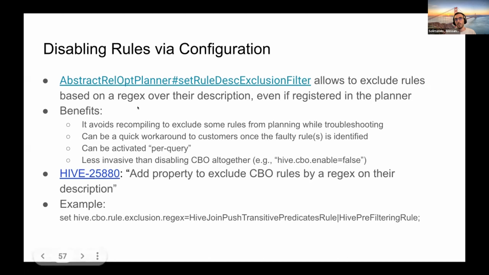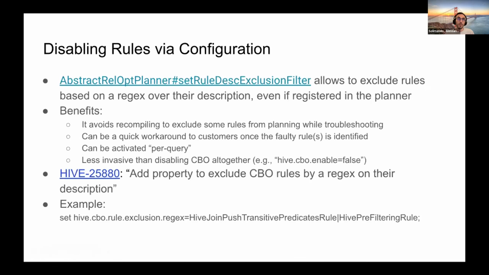So we advocate the benefits of having a configuration that is ingesting this kind of regular expression for the following reasons. Having a configuration that can prevent using some of the rules avoids recompiling. So we can troubleshoot in a much faster way and test out hypotheses.